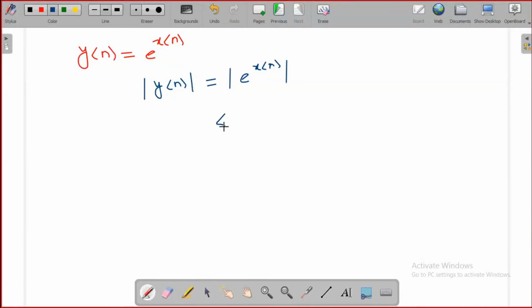So this mod y of n is less than or equal to e power mod x of n. What is the maximum amplitude of the input signal?